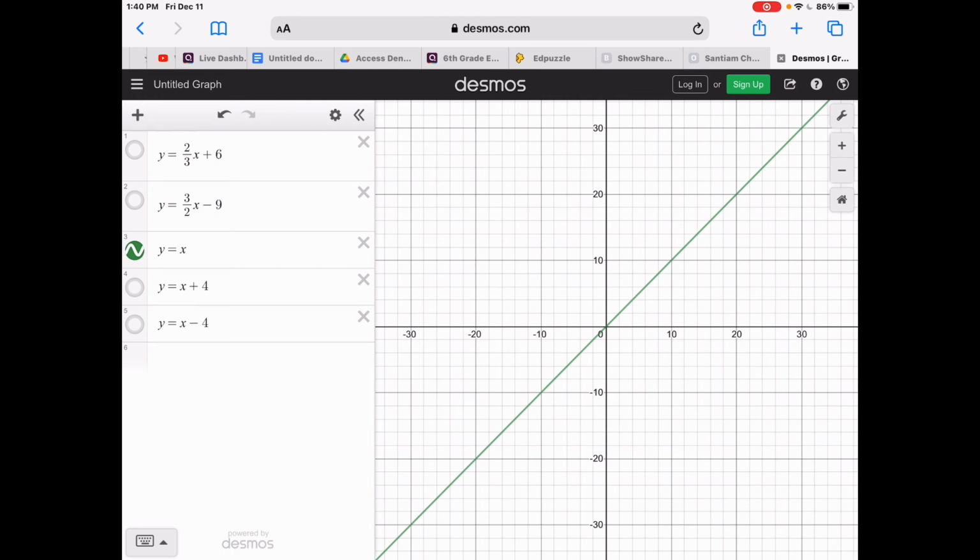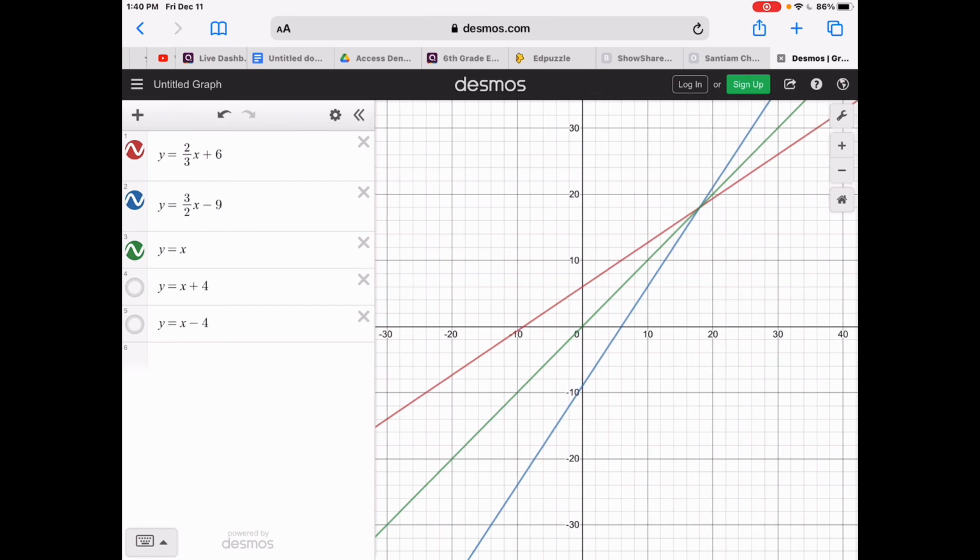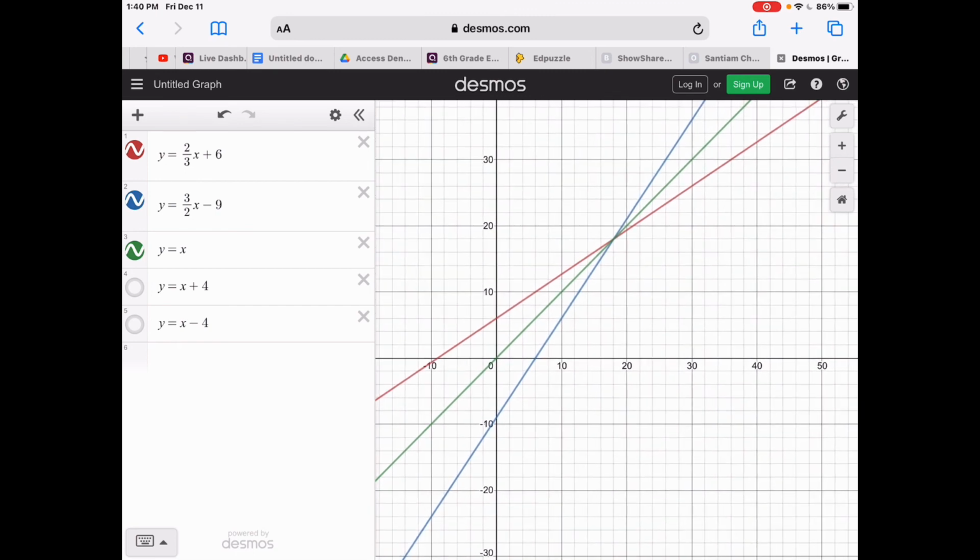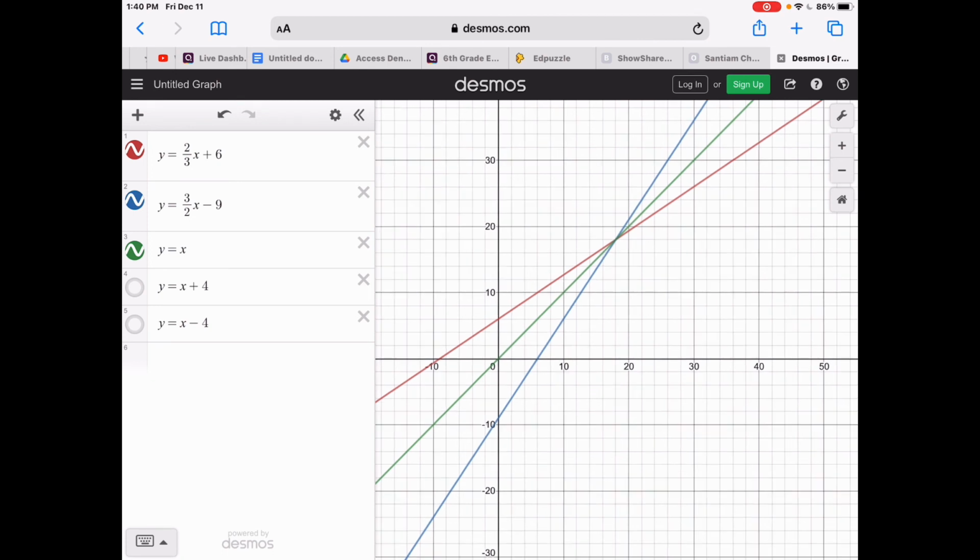Over this diagonal line that is green, here it is y equals x, and I've pre-typed in 2 inverses for you. So this red line right here has an inverse that is the blue line. So see, they're kind of nifty and they reflect over the green line. They're exact inverses of each other.